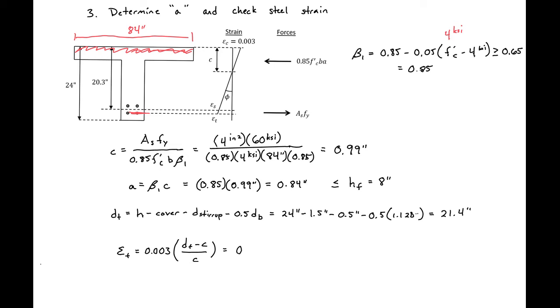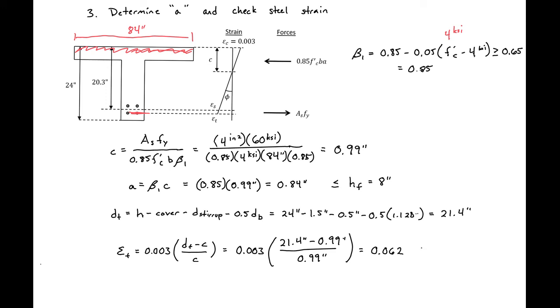We can use this value and plug it in to find our strain. So we'll have 0.003 times 21.4 minus 0.99, divided by 0.99. And this will give us an epsilon t of 0.062.